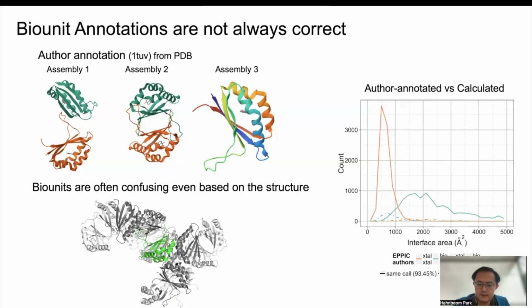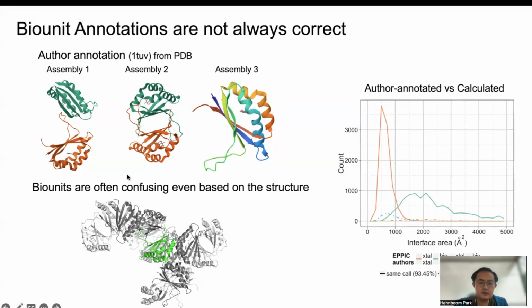This is definitely done by the authors of that experimental structure, but often it's not correct, because converting from asymmetric unit into biounits is followed by some subjective interpretation.